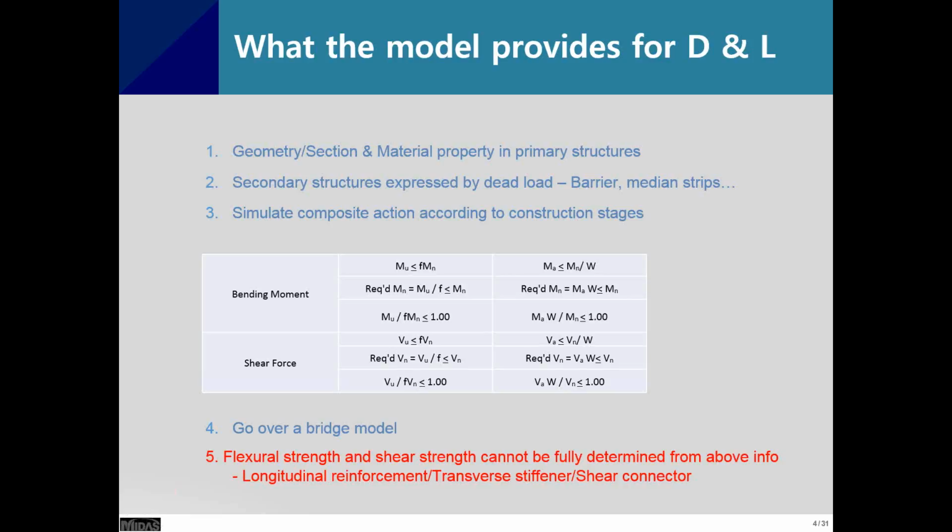Beforehand, I want to say that flexural strengths and shear strengths cannot be fully determined from the modeling information, because when you are calculating flexural strengths of the girder sections, you might need more information such as unbraced length to consider the lateral torsional buckling. Also, when you use transverse stiffeners, I mean the shear stiffeners, it will increase the shear capacity.